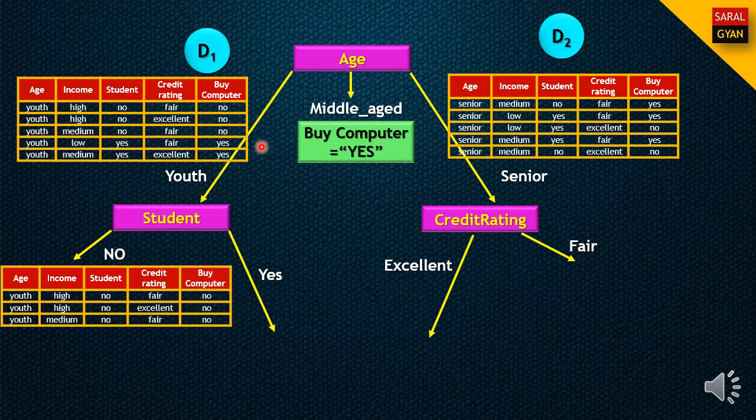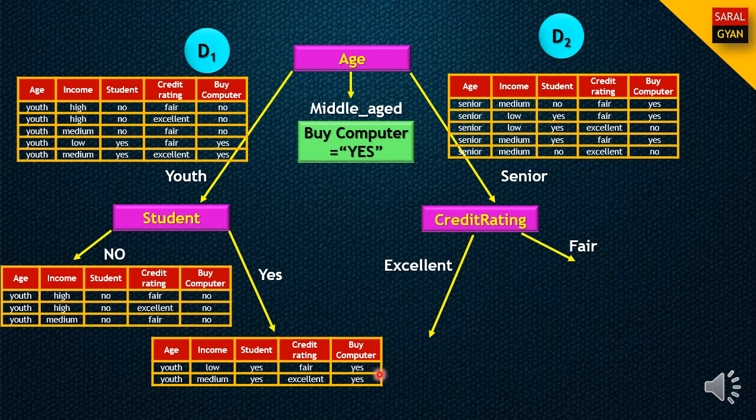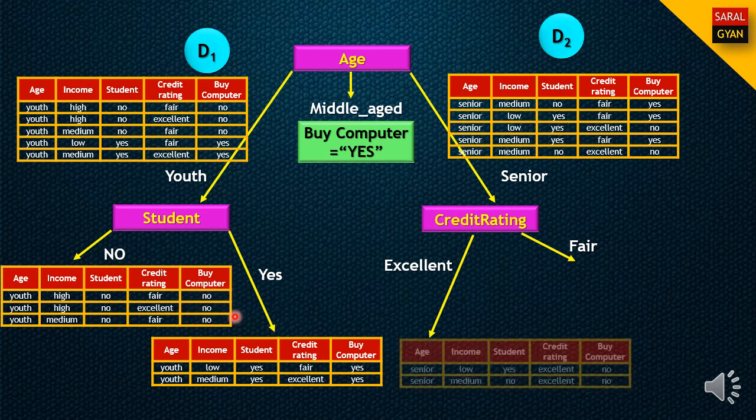Similarly, when age equals youth and student is yes, we can see all the values of the buys computer attribute are yes. That means we reach a decision, and no further classification is required here as well. When all the values are no, no further classification is required.